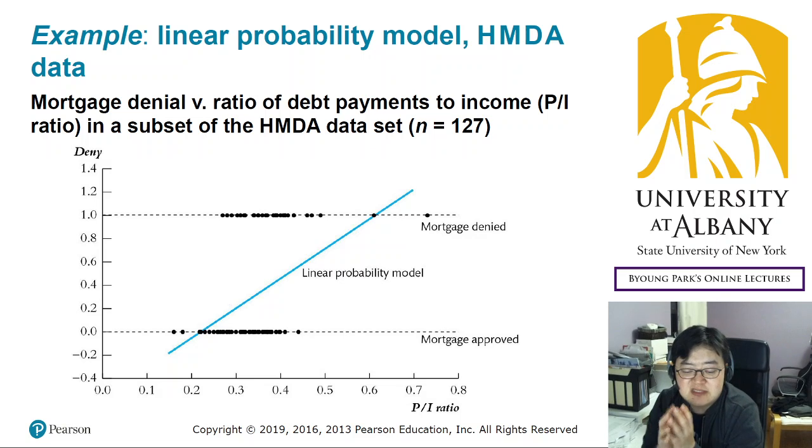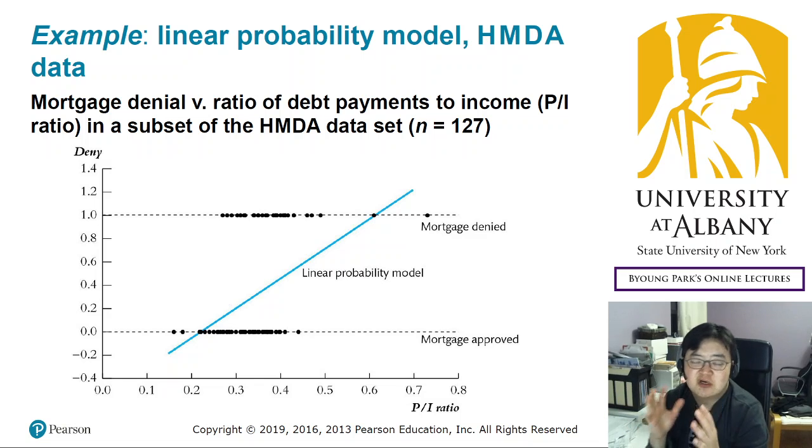But the only difference is the interpretation. When the dependent variable is binary, when the outcome is binary, then the expectation, the predicted outcome, must be interpreted as the predicted probability of the outcome equal to 1.